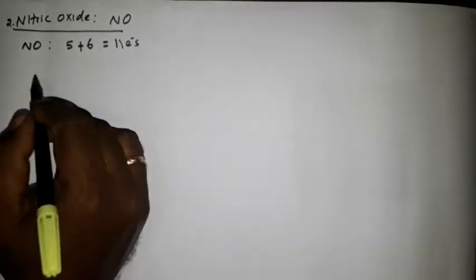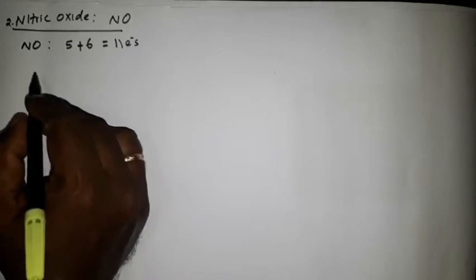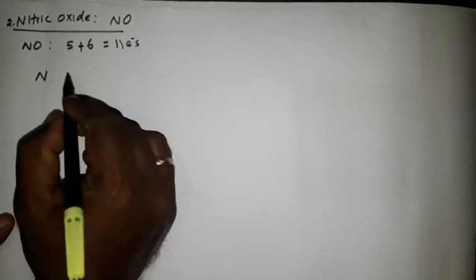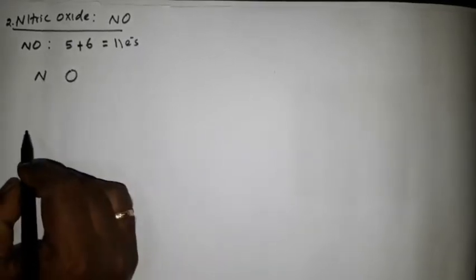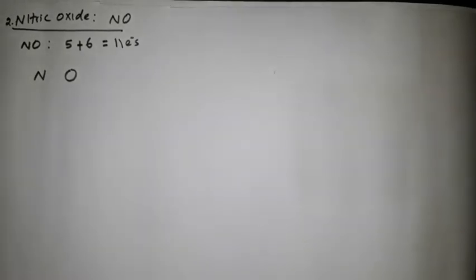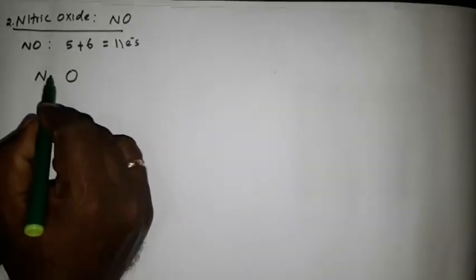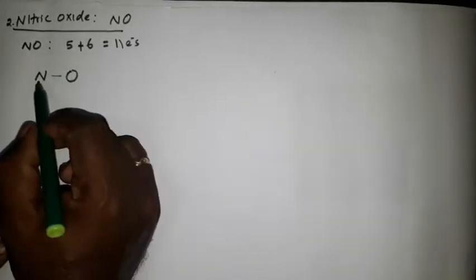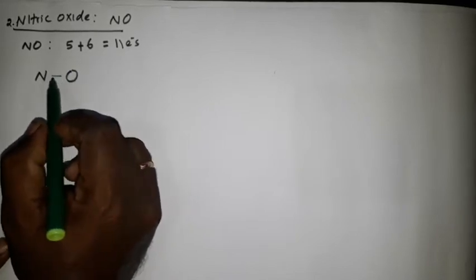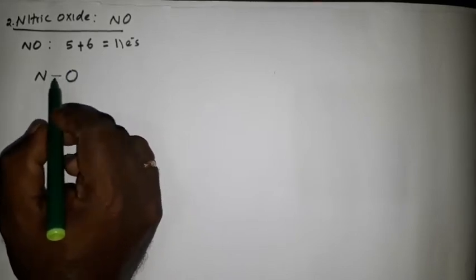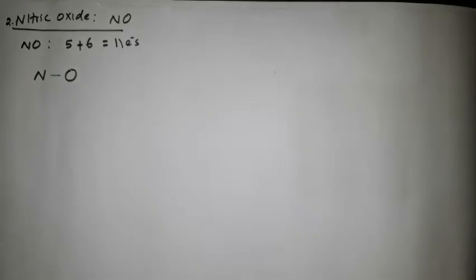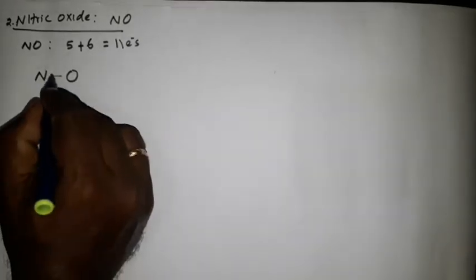Now, write the two atoms, nitrogen and oxygen. Then draw a single bond between the two atoms. Between nitrogen and oxygen, one chemical bond. This bond contains 2 electrons.